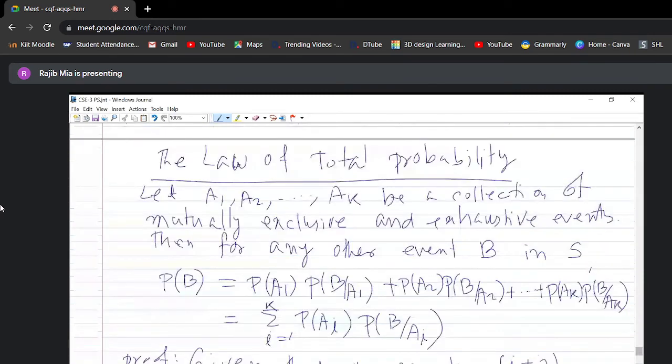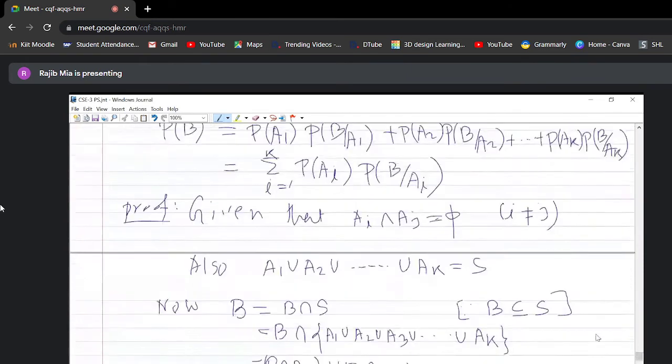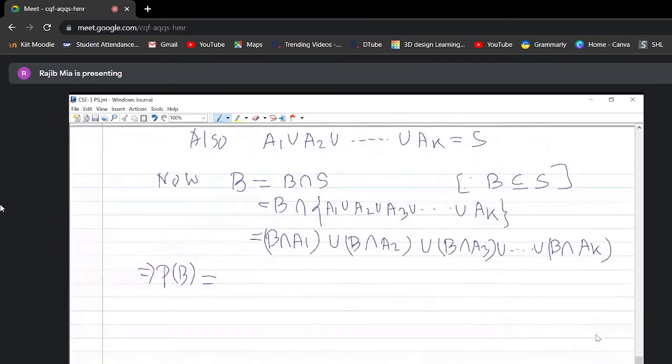So what will be the probability of the right hand side term? Probability of B intersection A1 union B intersection A2. Sir, it is the sum. Yeah, sum of this. So why sum only? Sir, because union is sum. Union is sum, but there are some conditions.